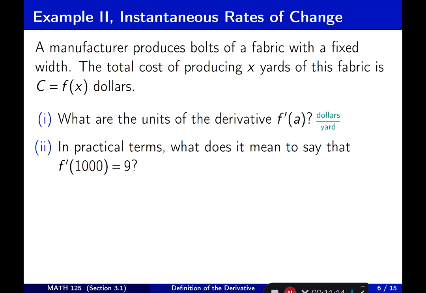So this is explaining that when the production is 1000 yards, the instantaneous rate of change is 9. Or we can say that if you increase the production by 1, approximately $9 more will cost you.